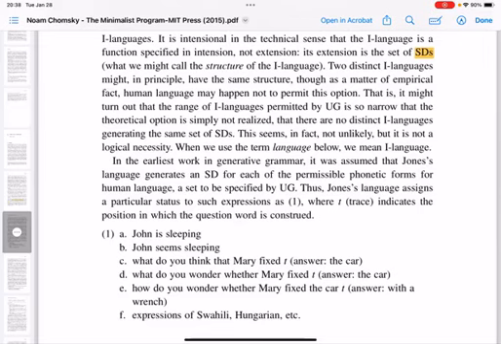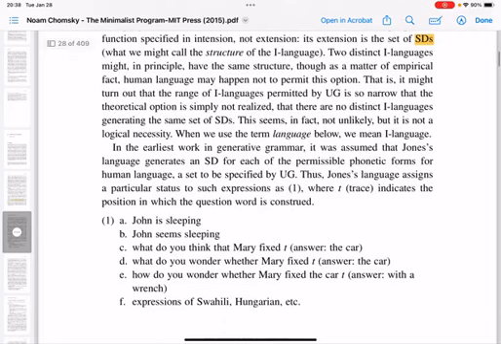That is, it might turn out that the range of I languages permitted by UG is so narrow that the theoretical option is simply not realized, that there are no distinct I languages generating the same set of SDs. This seems, in fact, not unlikely, but it is not a logical necessity. When we use the term language below, we mean I language.